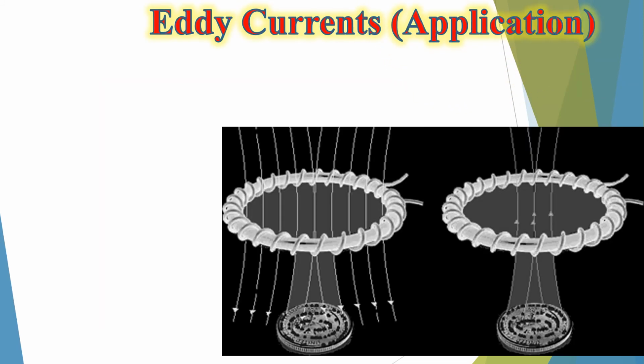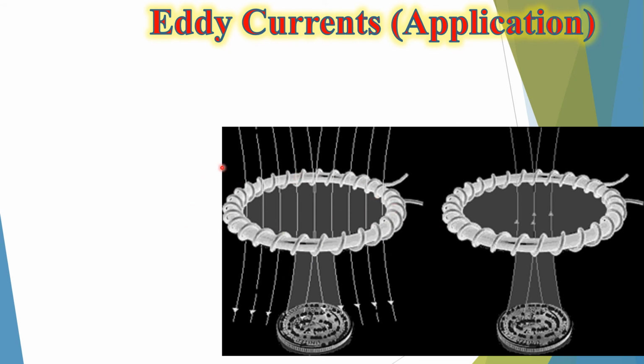Eddy currents application. Here we have a coil and current is flowing through this coil. Due to flow of current, we know that there must be a magnetic field around this coil. And we have a coin near this coil. Flux produced through this coil is also passing through this coin. Now we are applying a pulsing current, and that is changing current.